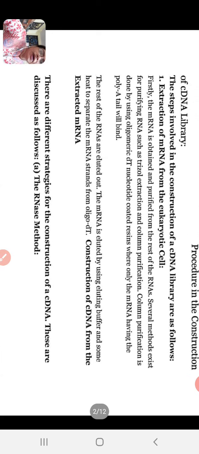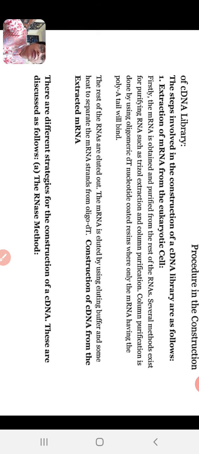Firstly, the mRNA is obtained and purified from the rest of the RNAs. Several methods exist for purifying RNA, such as Trizol extraction and column purification. Column purification is done using oligo dT nucleotide coated resin, where only the mRNA having the poly A tail will bind.